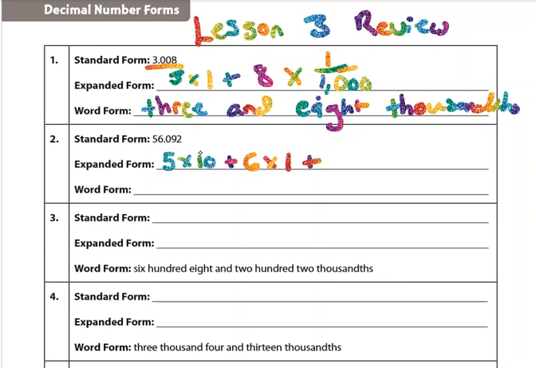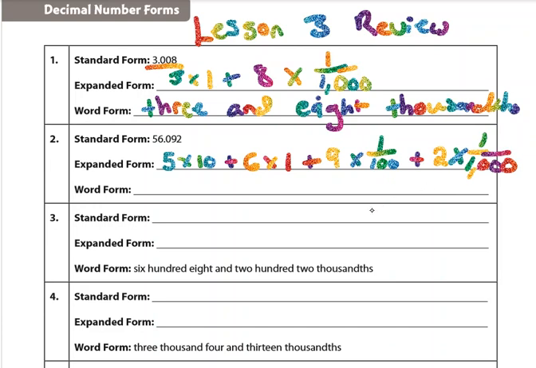And then we have 0 tenths. And then we have 9 hundredths, so we're going to do 9 times, remember, 1 over 100, because whatever we multiply, that represents the place value. And then we have 2 thousandths, so plus 2 times 1 over 1,000. Okay? So those are 2 quick examples.